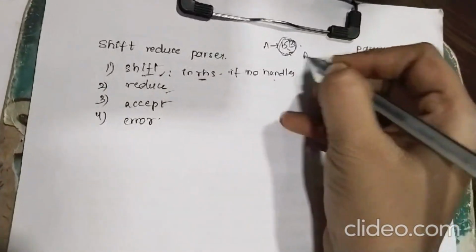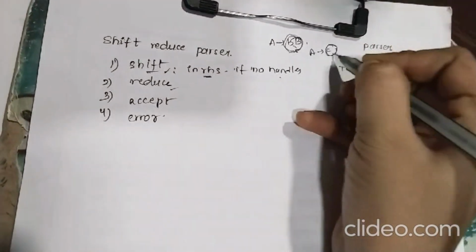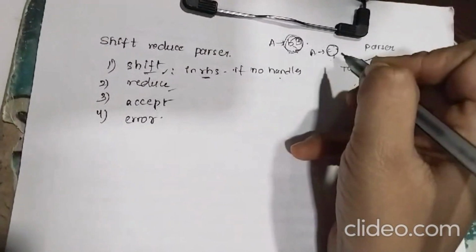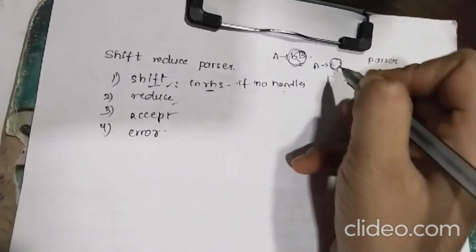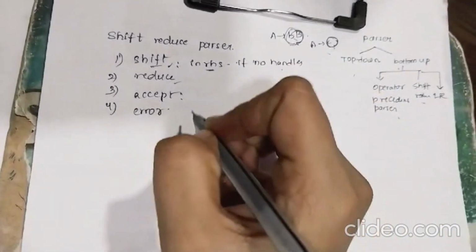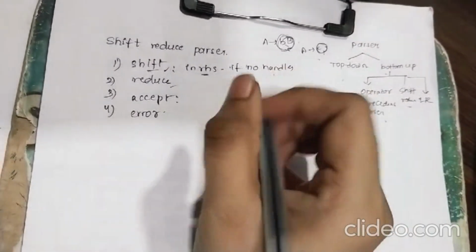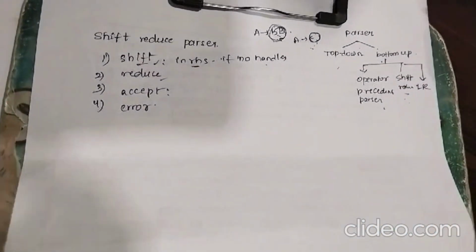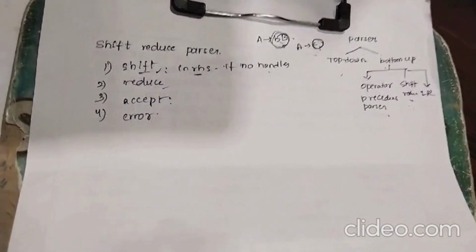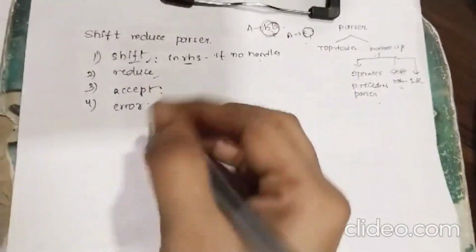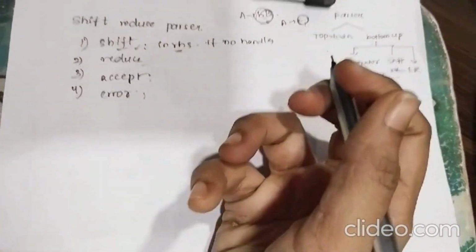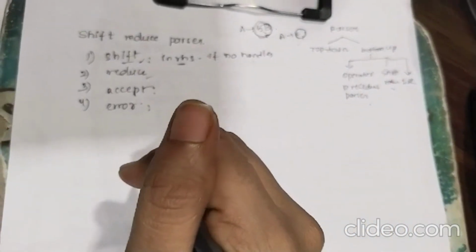If suppose A produces C, and this element is there in your stack, then we perform reduce operation. Accept means if the string is ending with the dollar, then accept. Error means if you are not able to derive, then we perform error.